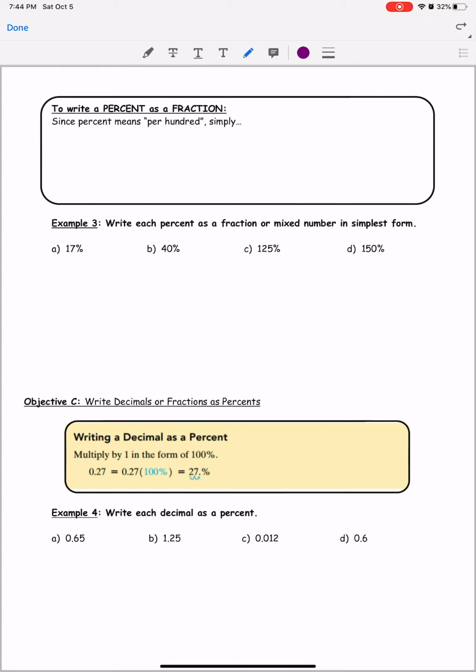Step 1, put your percent over 100. I'm going to label it step 1 so you know that these aren't 2 different options. And then step 2, reduce the fraction if possible.